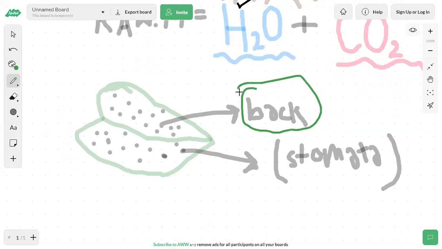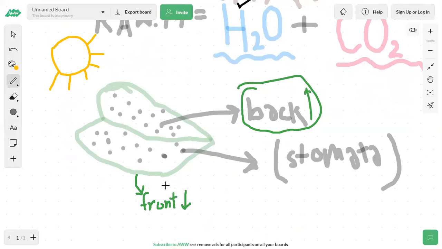Mostly on the back of the leaf, but it does not mean that there are no stomata present on the front. So the front has comparatively fewer stomata than the back. And this is because when the sun is directly facing the leaf, it can evaporate more water from these small openings.